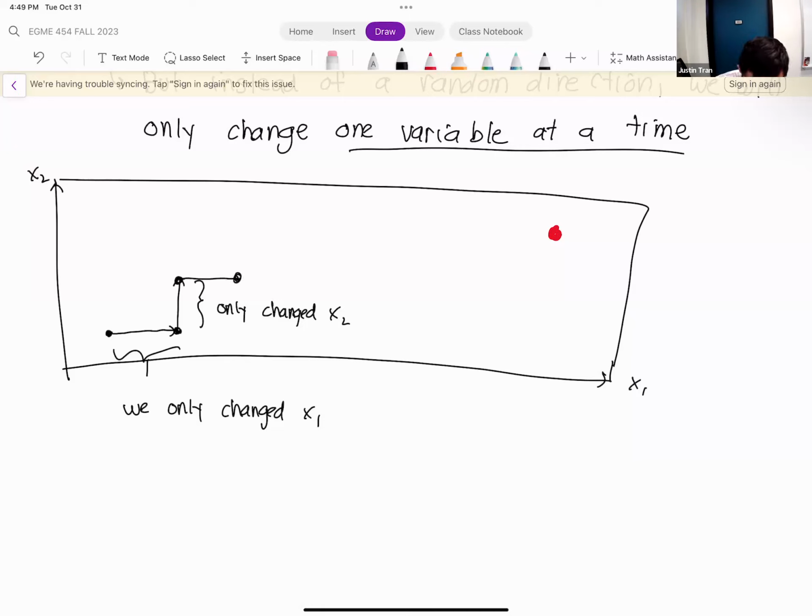We're going to move like this, like this, like this. And then eventually you're going to land on the optimum point where you're not going to see any more improvement in the objective.